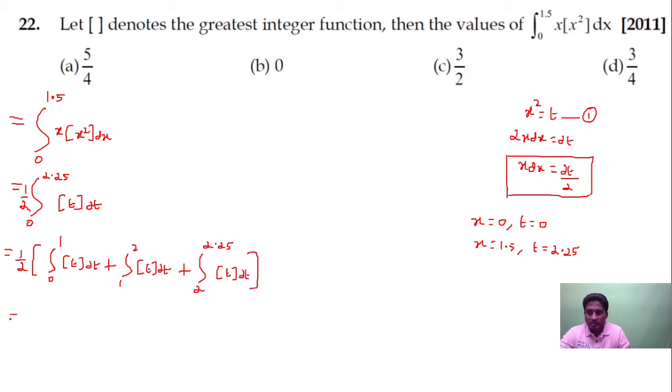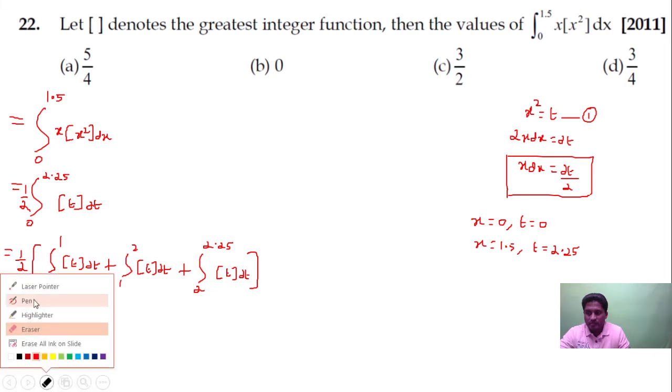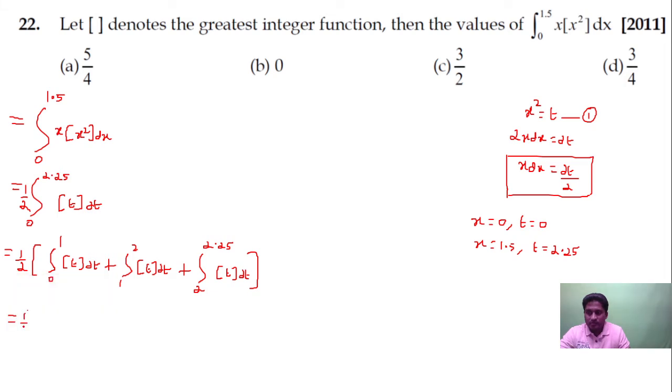Between 0 to 1, box t is 0. Between 1 to 2, box t is 1. Between 2 and 2.25, box t is equal to 2, and then dt.